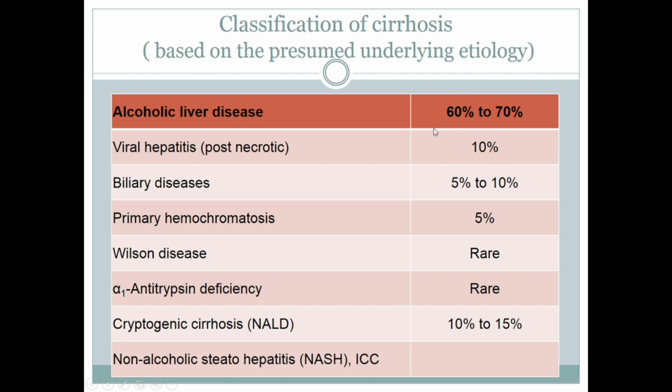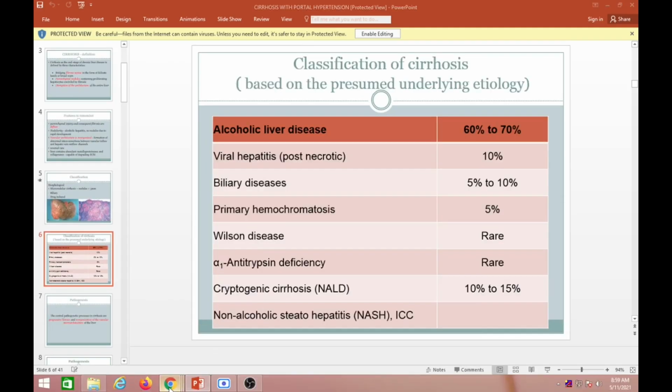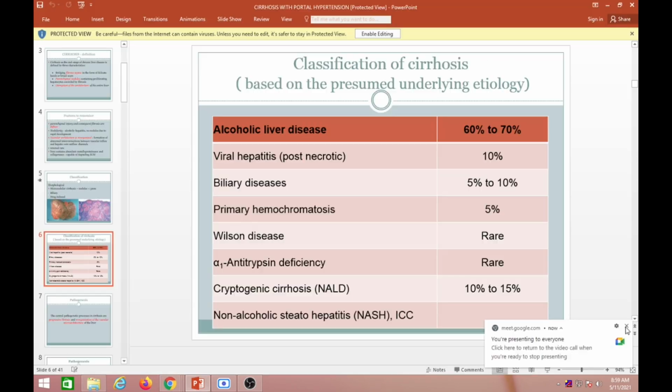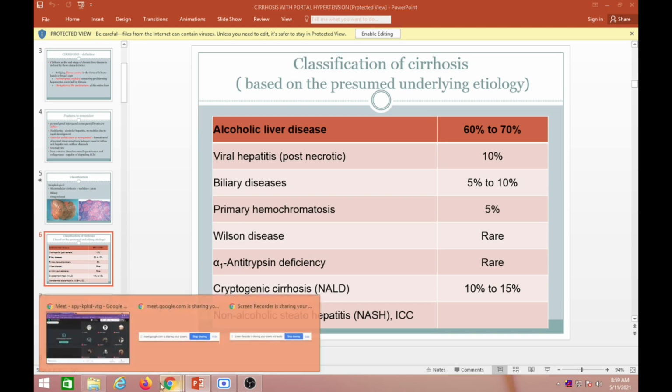That's why we have taken a class on these 2. National Medical Commission has put competencies based on only these 2 because they are the most common. Alcoholic liver disease and viral hepatitis are the most common causes of cirrhosis.